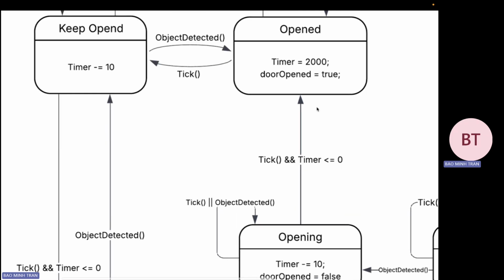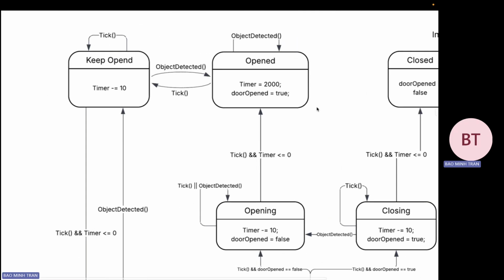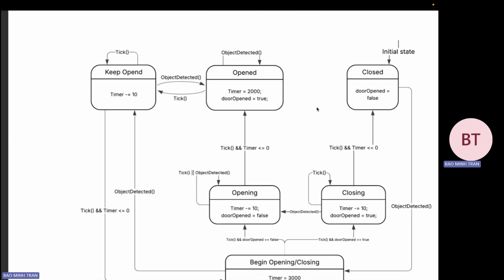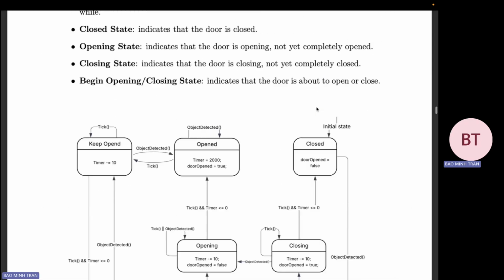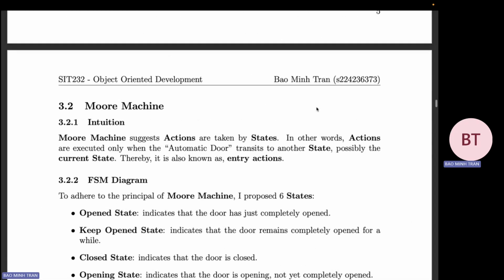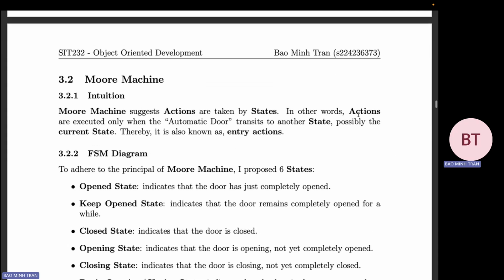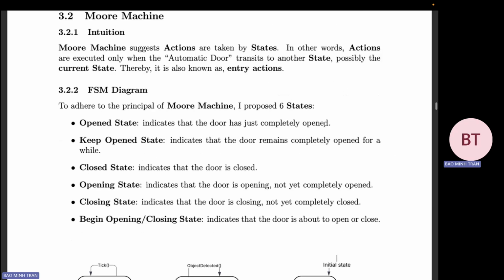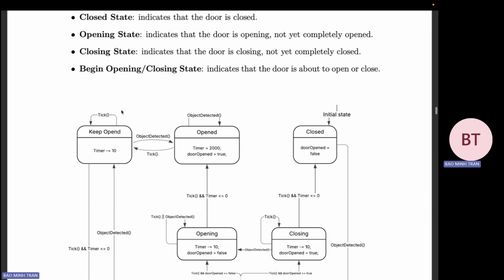It is impossible, because if we transit to that state, then actions must be taken and it's going to create an infinite loop. So let's look at our definition. Actions are executed only when they transit to another state, possibly the current state. Yep, of course. Here, the tick goes possibly to the current state.